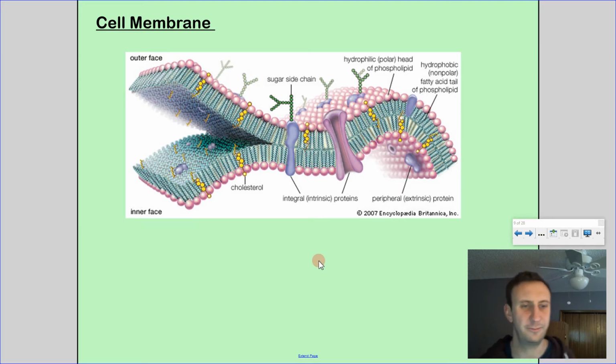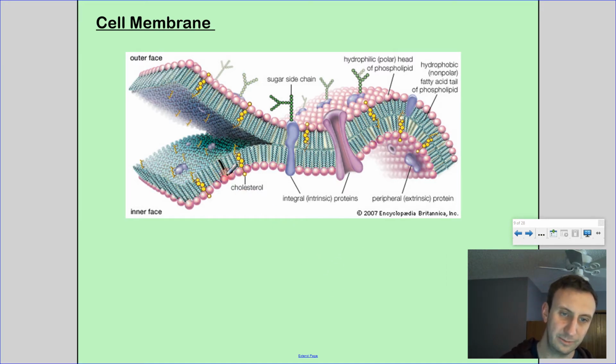I thought it would be interesting for you to actually see a diagram of a cell membrane. You don't have to know much about this, and in fact, you learn a ton about the cell membrane in Science 10. But what we have here is something called a phospholipid bilayer. This right here, one of these is a phospholipid, and that phospholipid has a phosphate group and then lipid chains down here, and it has what we call a hydrophobic tail, which is this, which means it doesn't like water, and then a hydrophilic head, which is this part, which does like water.